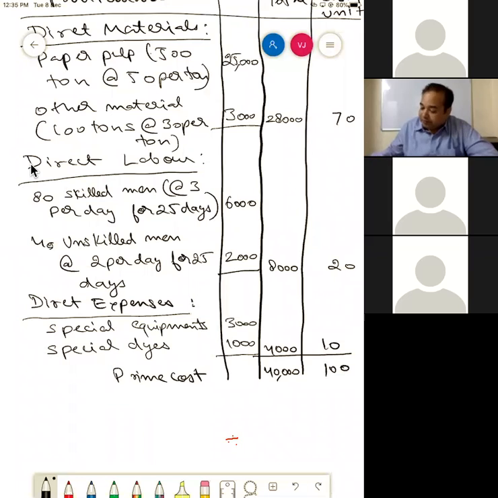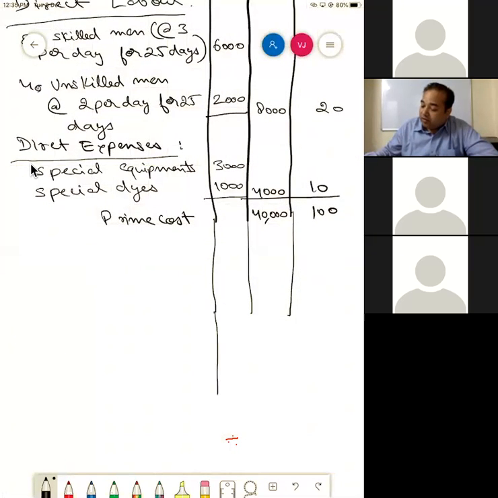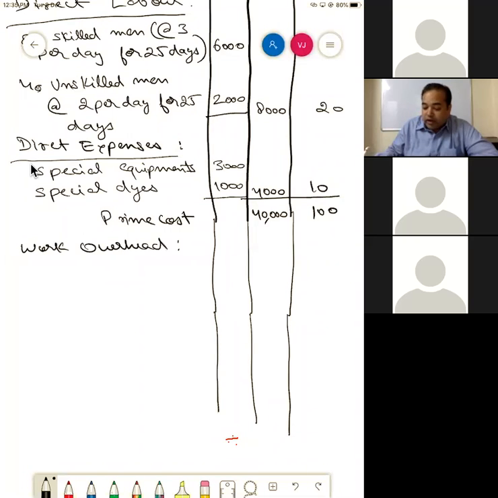The next is, apart from all those direct expenses, you must have prepared in your profit and loss account for arriving at operating profit. Apart from that, whatever expenses is being done, that is known as work overhead.